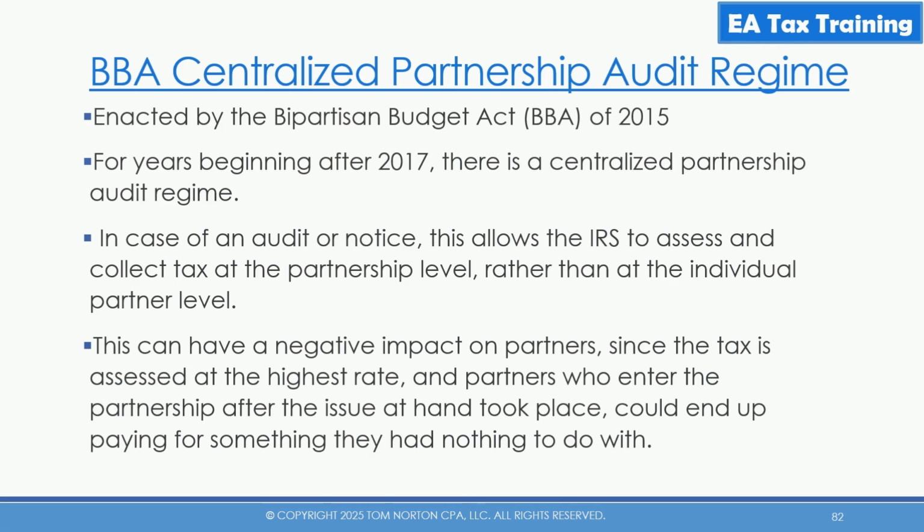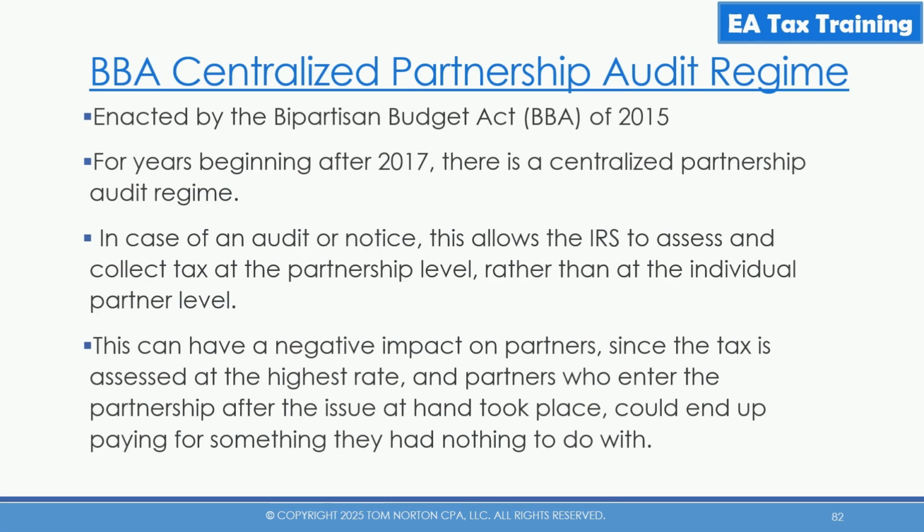And remember, you can have hundreds or even thousands of partners. So now they have to send a bill and follow up and try to collect on amounts from all these hundreds or thousands of partners. So what this does is it simplifies things primarily for the IRS. It kind of simplifies it for the partnership as well, but this is basically for the benefit of the government.